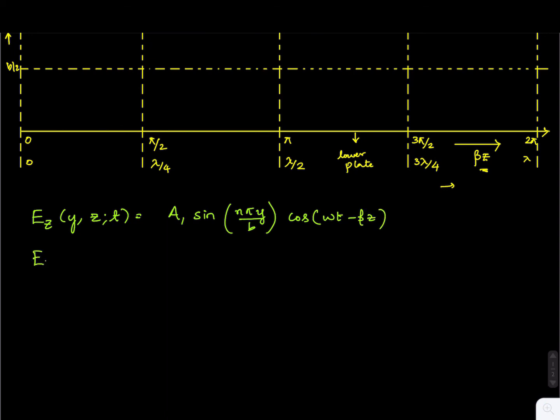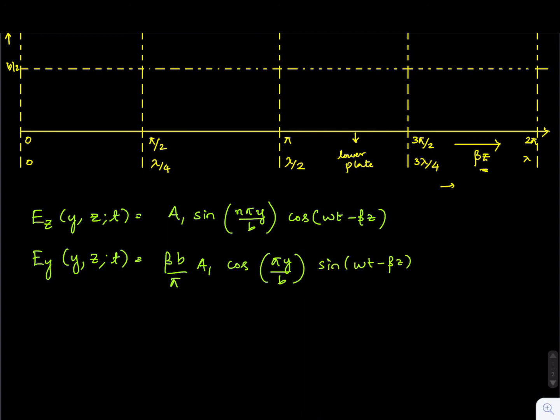Similarly, we have the electric field in the y direction, which is given by beta b by pi a1 cos(pi y by b) multiplied with sine(omega t minus beta z).